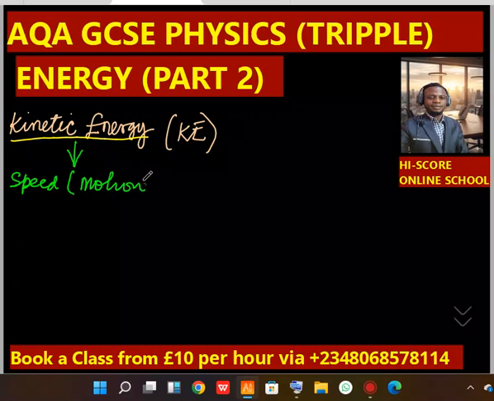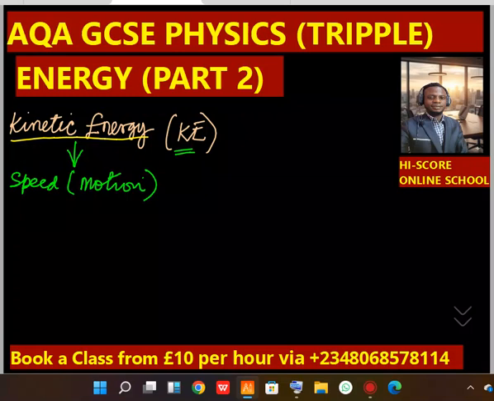Yes, if there is a motion, there is speed. So kinetic energy is energy possessed whenever a body is in motion, and the main parameter that determines the size of KE is the speed.